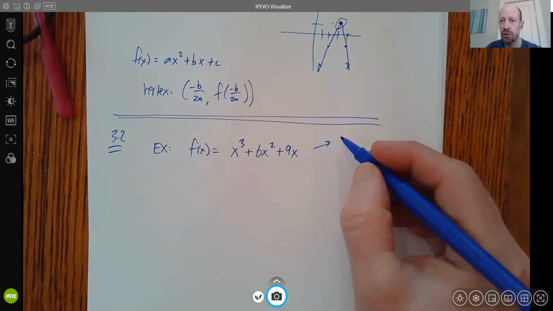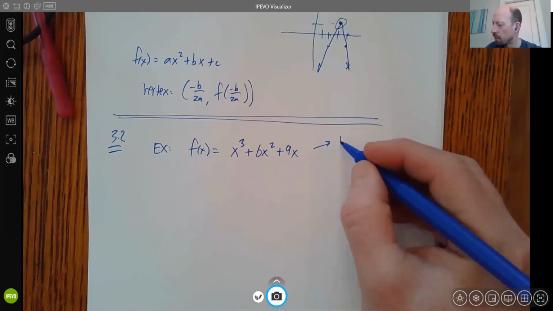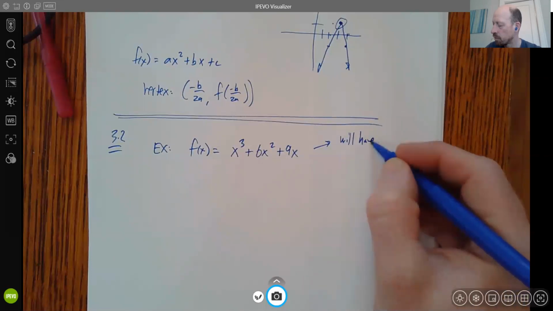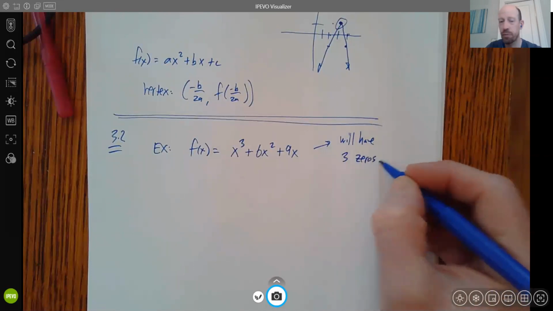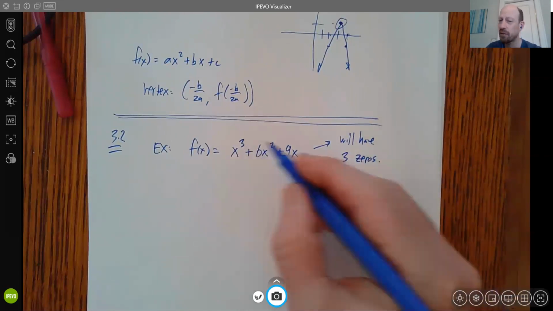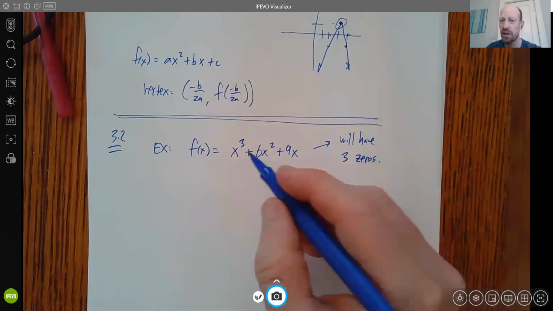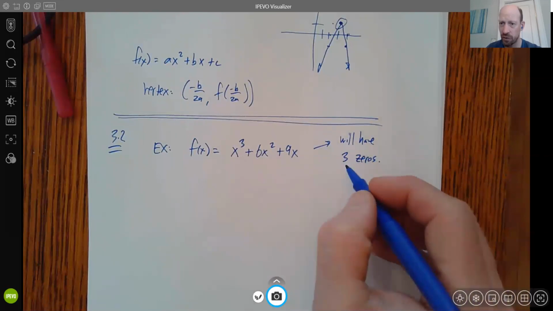The fundamental theorem of algebra says that the polynomial will have 3 zeros. So if it's degree 3, it has 3 zeros. If it's degree 6, it has 6 zeros. If it's degree 100, it has 100 zeros.